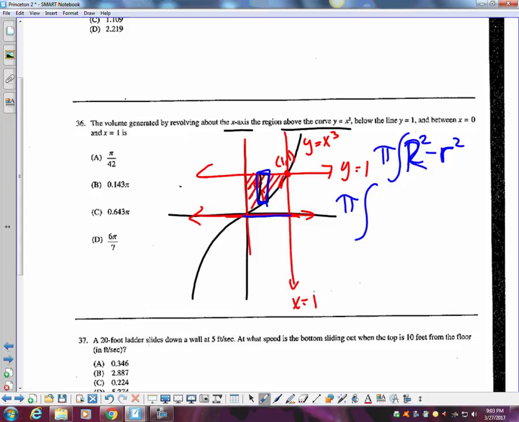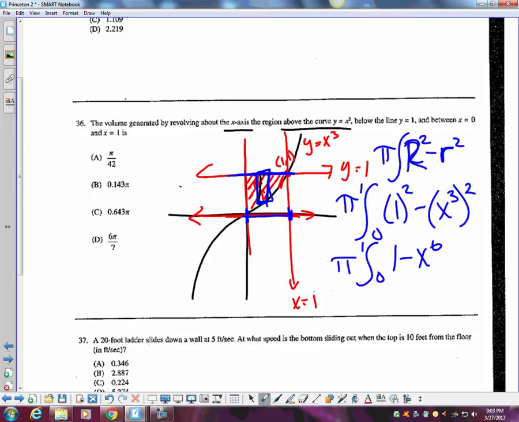So pi, going from 0 to 1, because that's where my slice is. Big R is going to be this one, so 1, technically minus 0 squared, minus the x cubed, technically minus 0 squared. So 1 minus x to the 6.